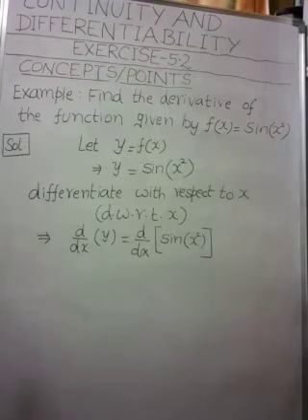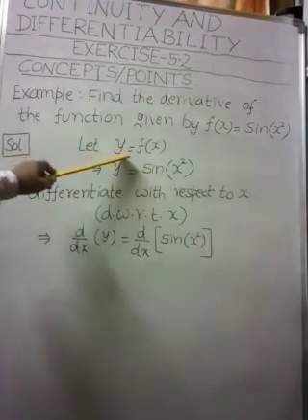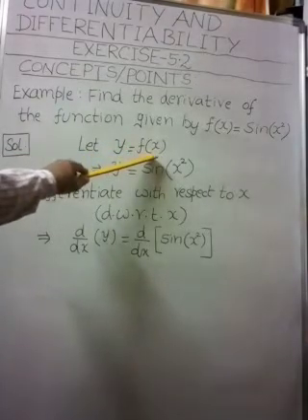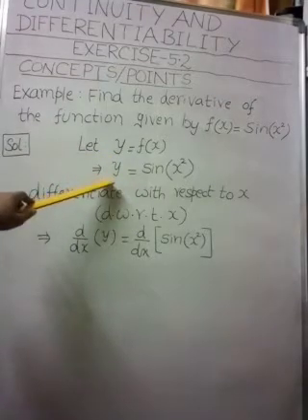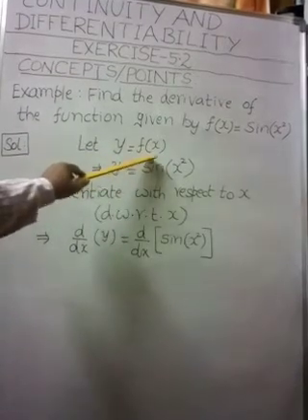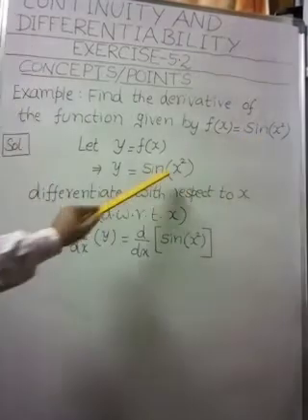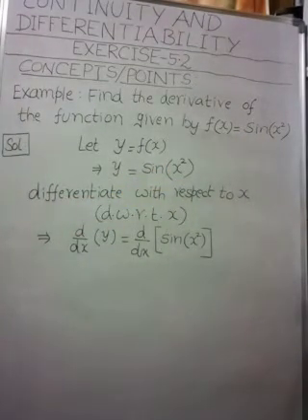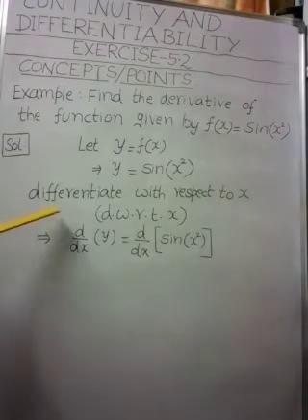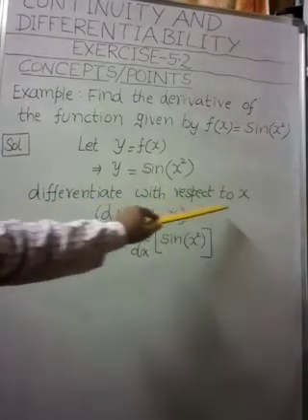So let us consider the given function y is equal to f of x. This implies y is equal to sine of x square. I wrote f of x on the RHS, sine of x square. Now differentiate with respect to x.